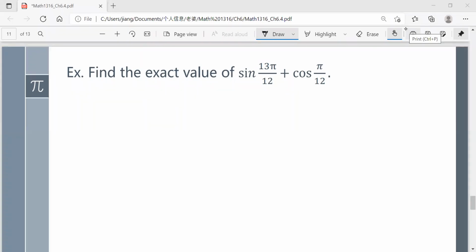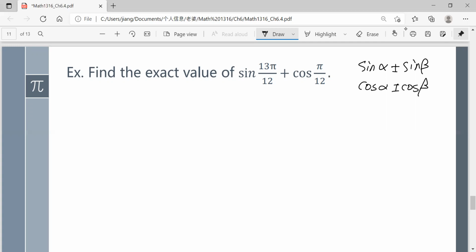Let's continue to this question. For this question, we have sine of an angle plus cosine of an angle. We have learned the sum to product formulas: sine plus or minus sine, and cosine alpha plus or minus cosine beta.